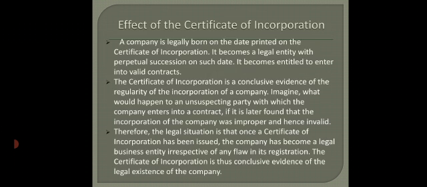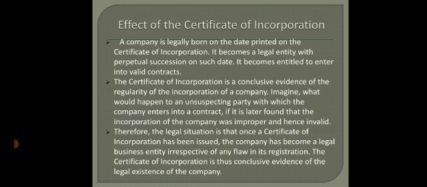Suppose before getting the incorporation certificate, some illegal activity or some improper or invalid thing has taken place, and then the company has taken birth, or the company has received the incorporation certificate. It doesn't matter.